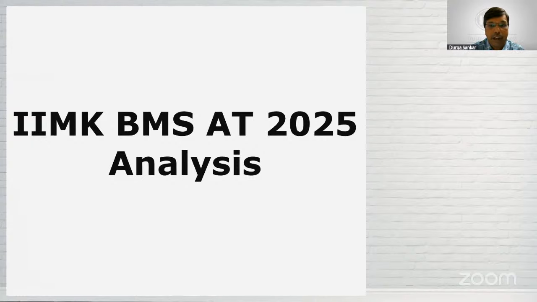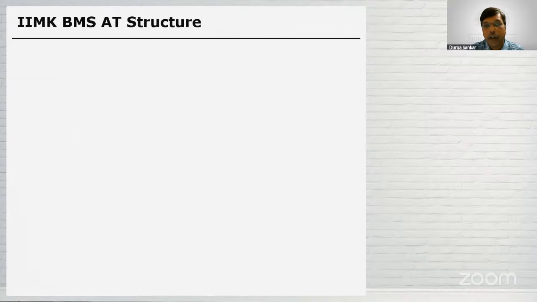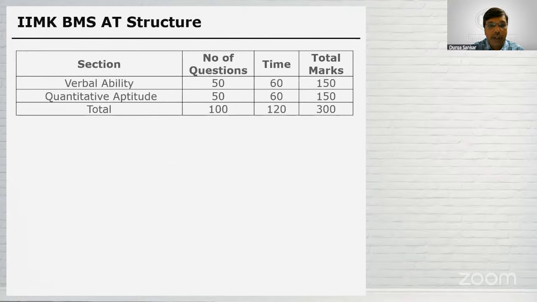If we look at the test structure of the exam, as all of us know, we have two sections. The first one, verbal ability, has 50 questions and 60 minutes, whereas the quantitative aptitude section also has 50 questions and a time limit of 60 minutes.